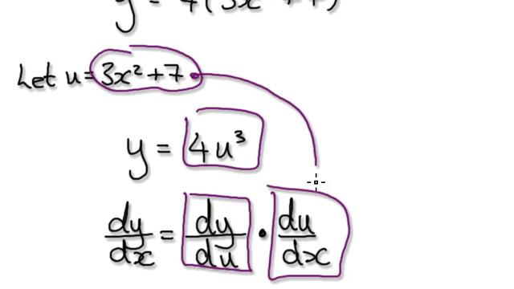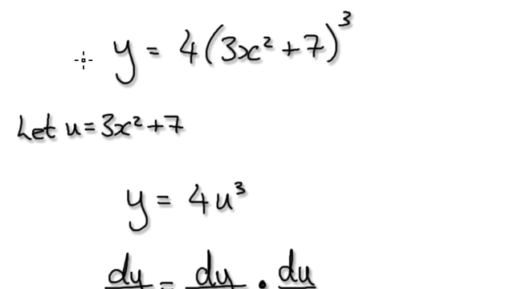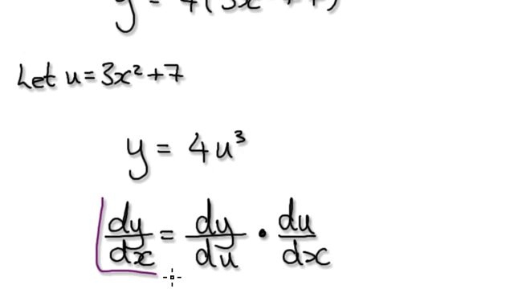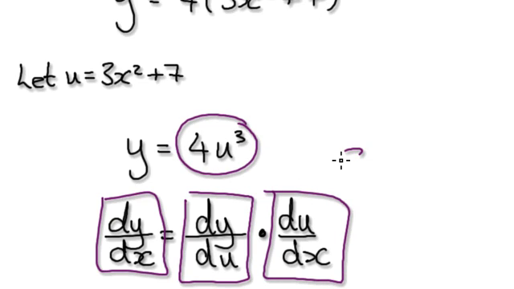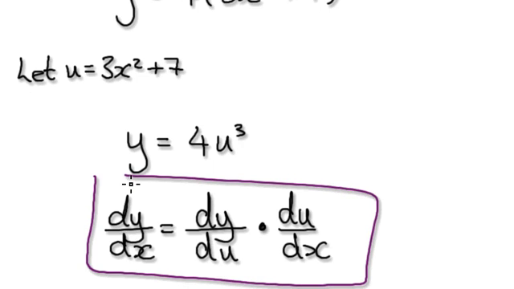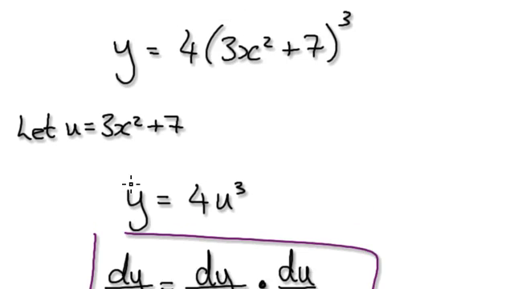So when you come to differentiate this, what it's saying is that to work out dy by dx, just differentiate dy by du, so differentiate this bit here, and then times it by differentiating the u itself. It's pretty much what we've been doing, but written in a neat way.